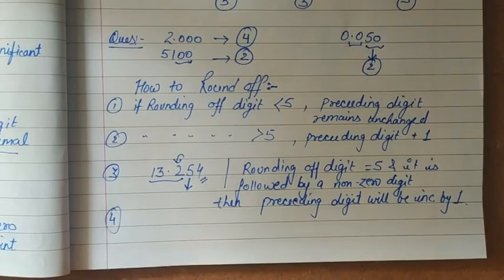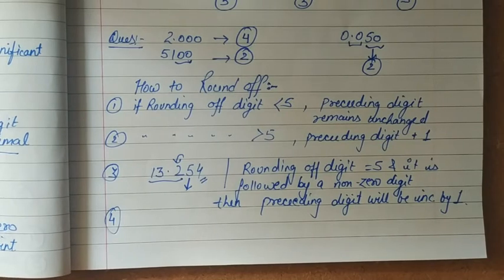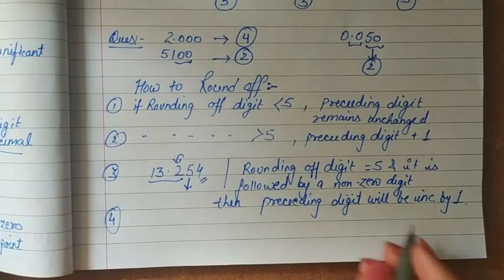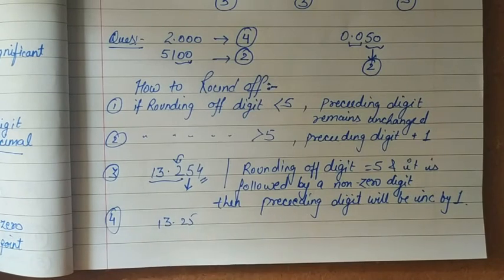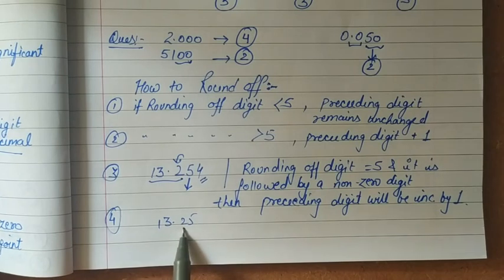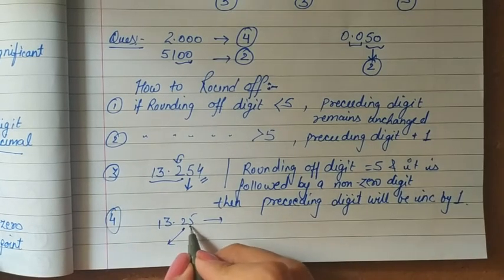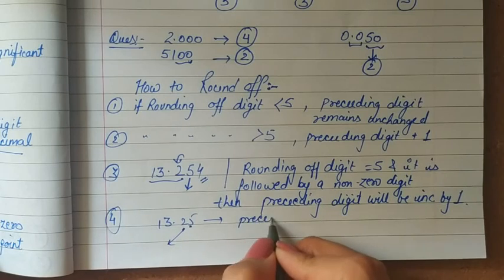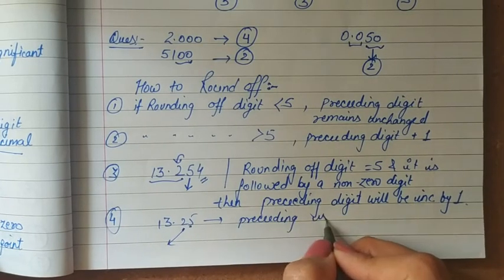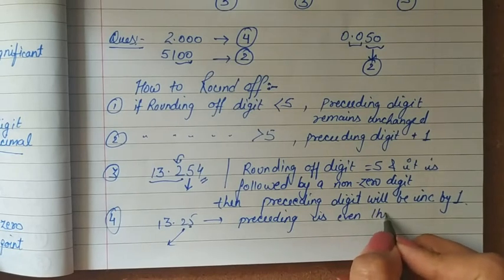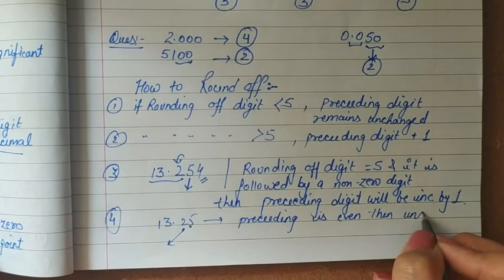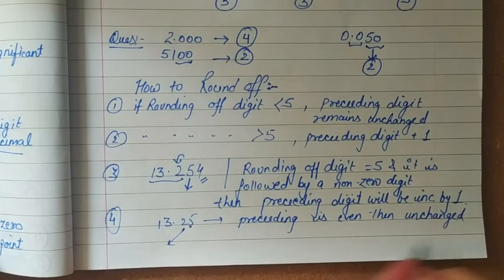The next rule is that if the digit to be dropped is exactly 5, not followed by any non-zero digit, meaning it ends on 5 like 13.25, and we have to drop this digit, then there are two possible situations: the preceding digit can be even or odd. So there are two cases. If the number we are dropping is 5 and the preceding digit is even, then the digit remains unchanged, no change will happen.